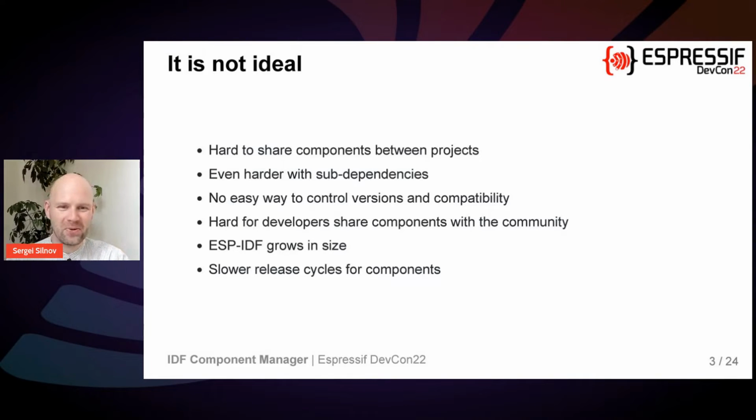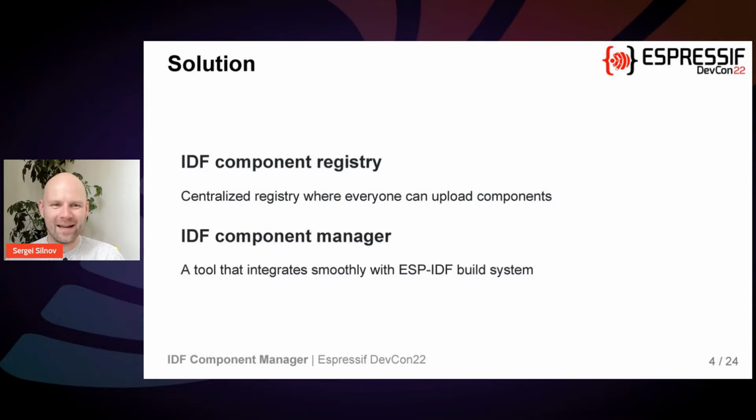Okay, so now it should be relatively clear what kind of problems we have, and luckily we have a solution. Our solution is to design our own registry of components. It's a web service that hosts archives with component files and some information about them, allowing easy discovery and centralized control for components.